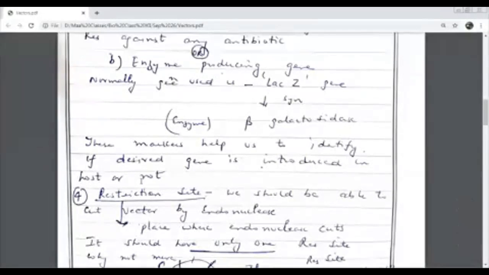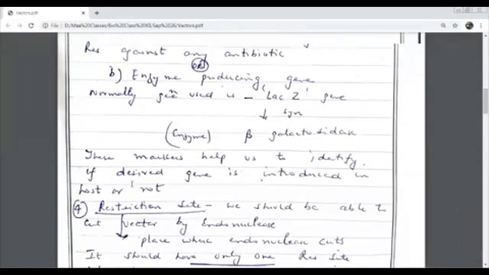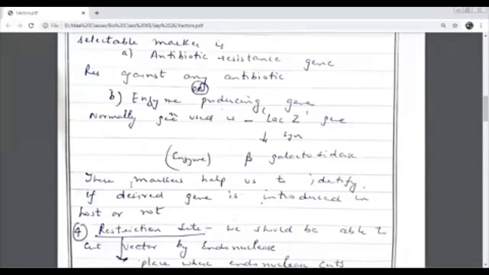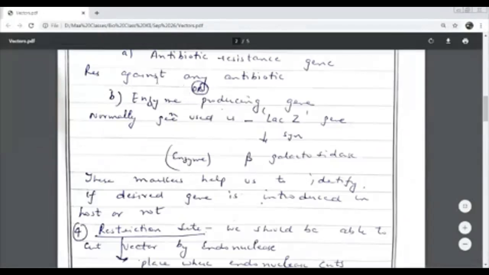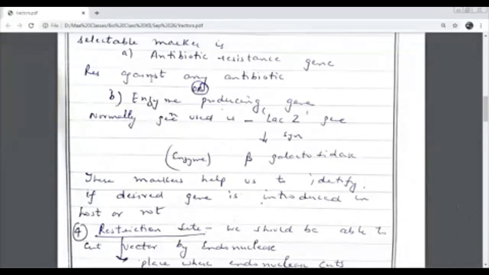Let's check how. Supposing I have introduced the antibiotic resistance gene, and now I expose my host to tetracycline. Then I check whether my host has developed immunity or resistance to this antibiotic or not.